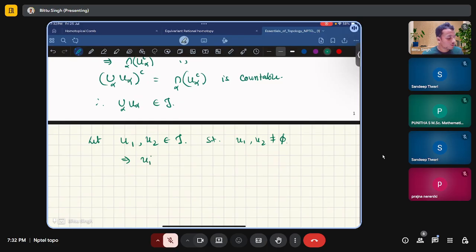That means the complement of u1 is countable, right? And the complement of u2 is also countable. Therefore, the union of two countable things is also countable.